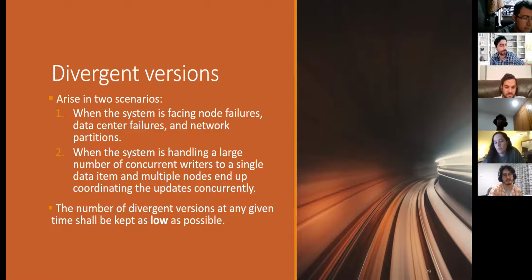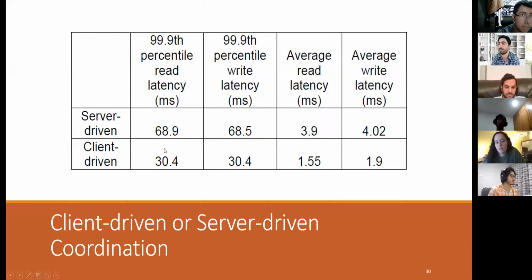And because of that, we have this client or server driven coordination, which means that some part of these get and put operations happens on the server side, and some of them happen on the client side. And as you can see, on the server driven it is always a higher number.